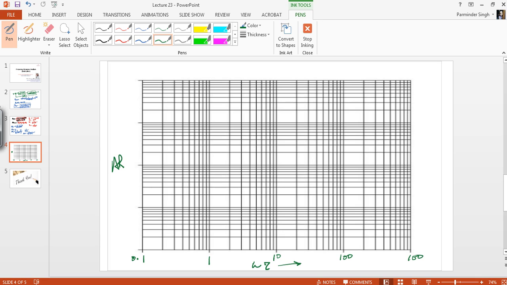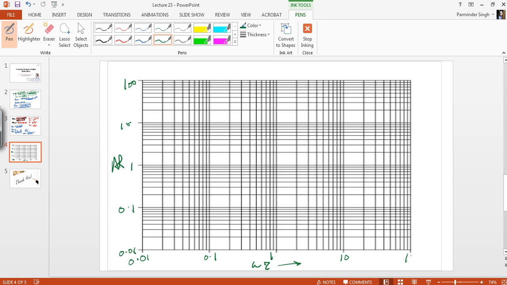This is 0.01, this is 0.1, 1, 10, and we have 100. Similarly on the y-axis also, let me change the values differently, because it's easy to keep the values on both the axes the same. So 0.01, this will be 0.1, 1, 10 and 100.